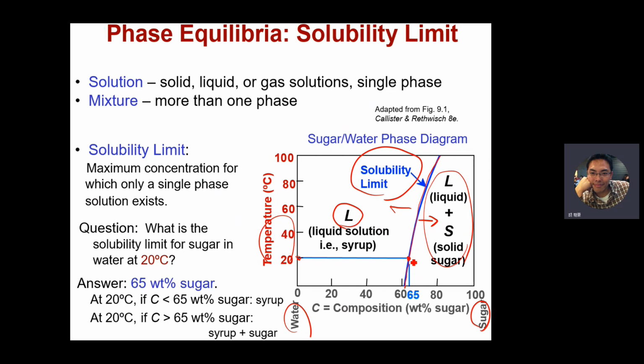It's 25 weight percent of sugar that can be dissolved in water at 20 Celsius. When the composition is higher than 25 weight percent, the two-phase region, they coexist. If the composition is smaller than 25%, only the single liquid phase exists. That means the syrup.